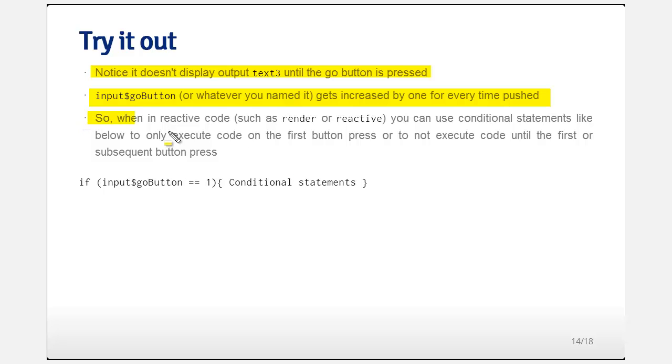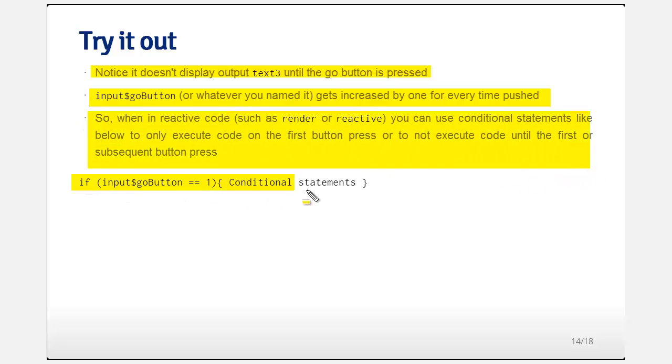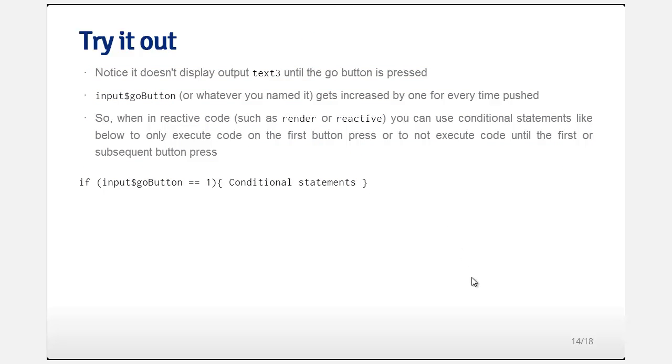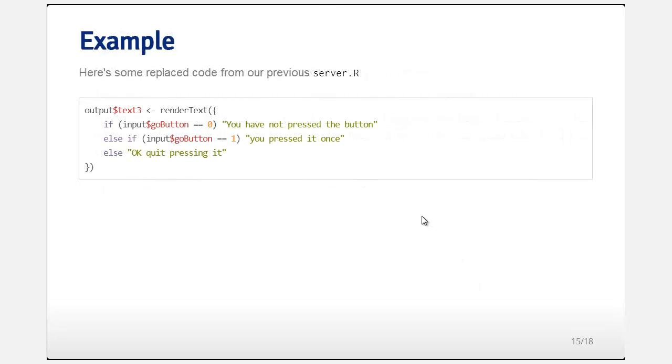So you can actually use that to create conditional statements, sort of like if go button equals 1, then you could say you've pressed the button once. So here I replaced the code in that other example where I said if go button equals 0, then you haven't pressed the button, if go button equals 1, you've pressed it once, and else, okay, quit pressing it.